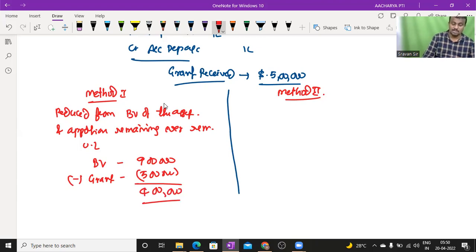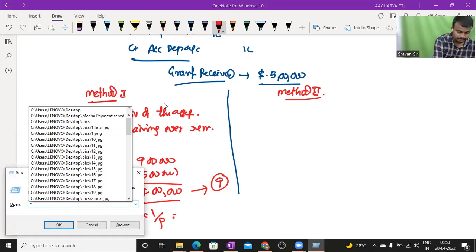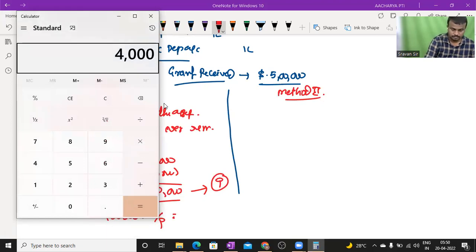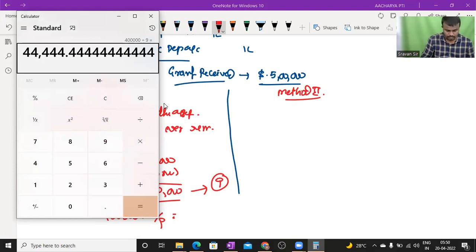Then the remaining useful life is 9 years, and this 4 lakh is allotted over these 9 years. Then the revised depreciation is equal to 4 lakh by 9, equal to about 44,000 for 44.